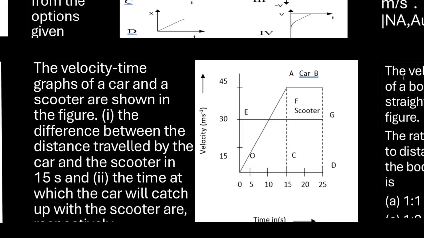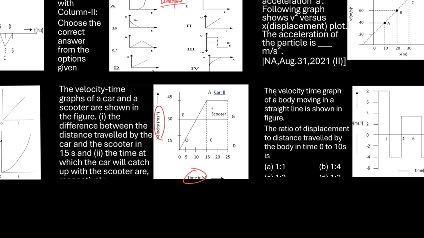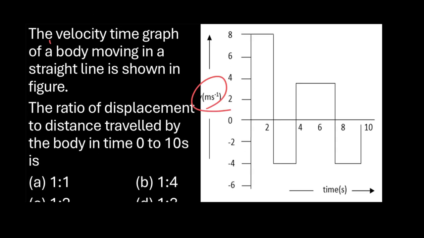So if you look at the plot, I think this was in 2021, 2022, if I'm correct. So velocity time graph again, right? So velocity time again. And look at what we've been asked to find out of it: ratio of displacement to distance traveled from a velocity time graph.